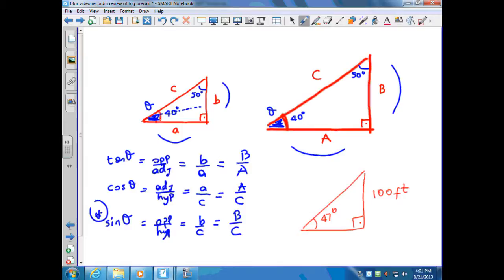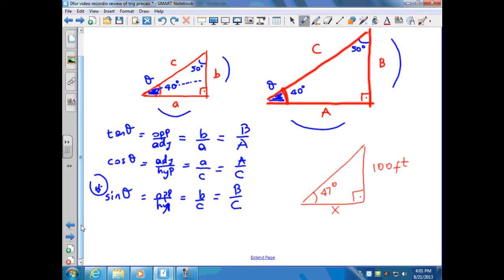So for example, if they're trying to determine this side x, what they can do is simply write down the appropriate ratio. In this case, we want to relate 100 to x.